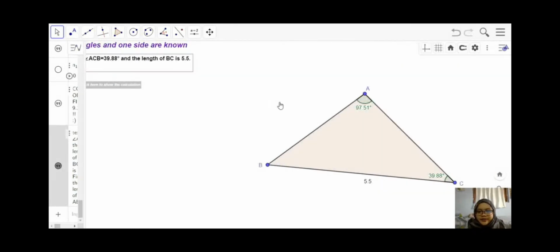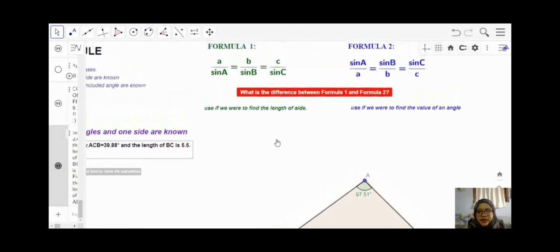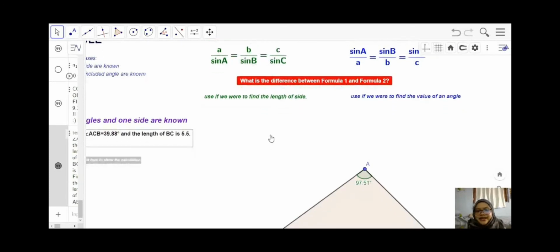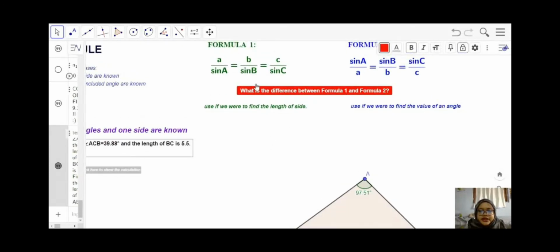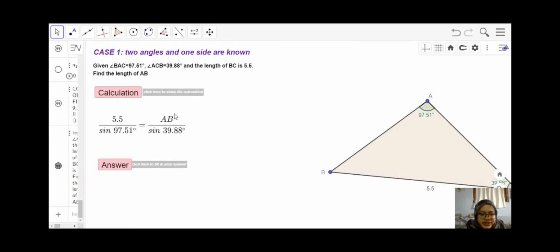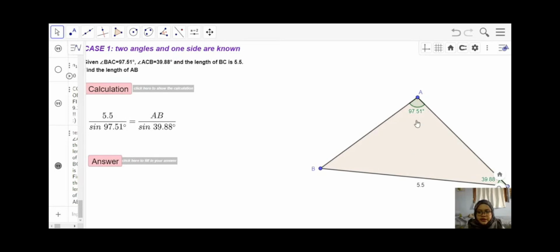Since we want to find the length of a side, we use formula 1. So just substitute the information in the formula. This is the calculation. We know the side is 5.5, and the opposite angle is 97.51.